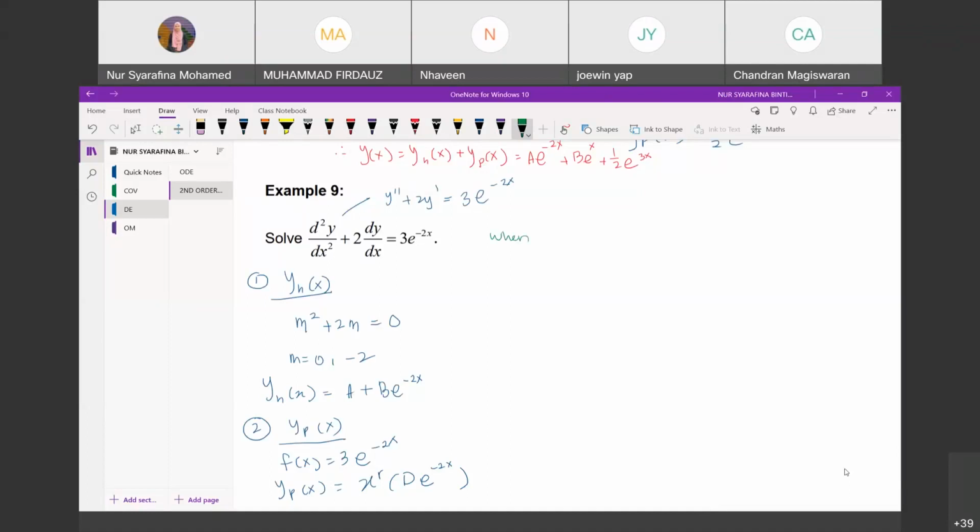When r equals 0, then YP equals d e to the power of minus 2x. Is there any similar term between YP and YH? Yes, there is a similar term.